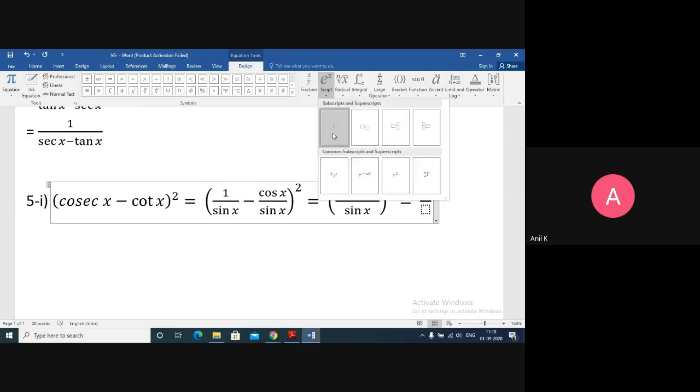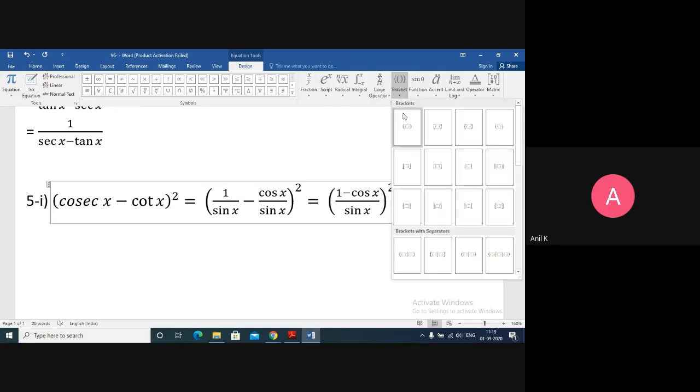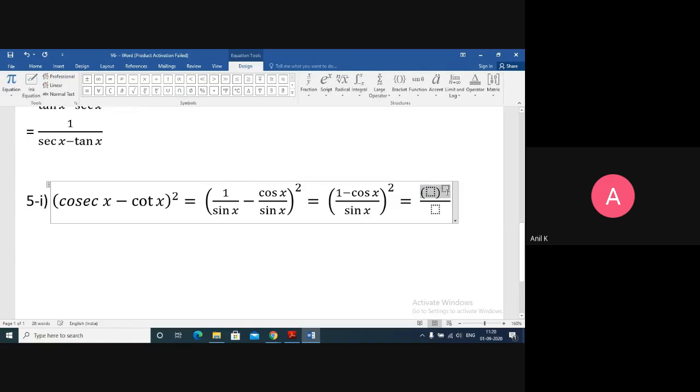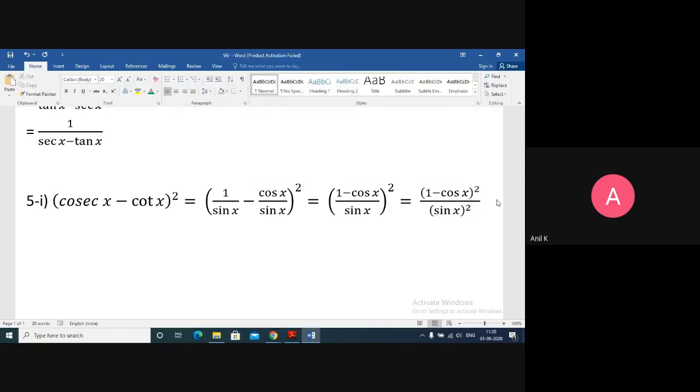A upon b whole square is a square upon b square. So I use that formula: (1 minus cos x) whole square upon (sin x) whole square. By using the simple identity, we represented it.